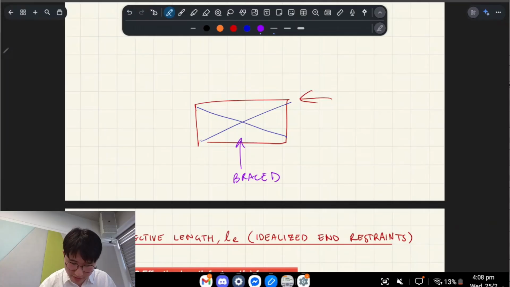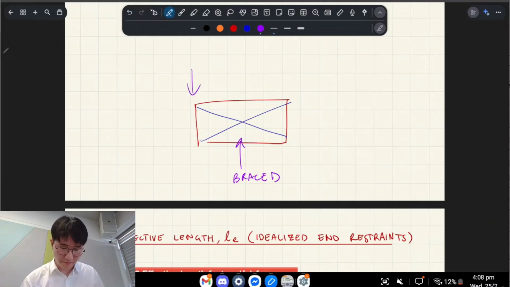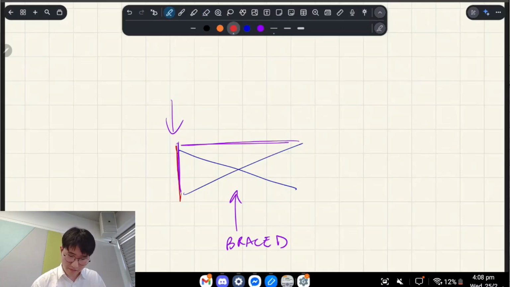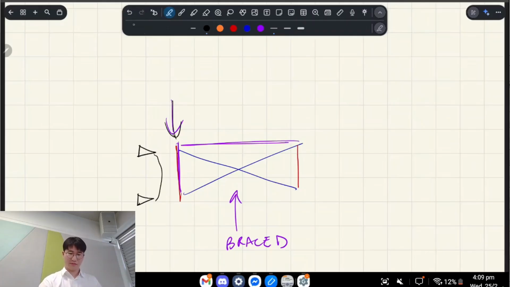In the case of braced, forget the wind for a second. When you have a braced shape and this is a column, connected to a rafter or whatever, and there's an axial force on this column, it buckles like that, because at the top it can't move left or right, since it's braced.